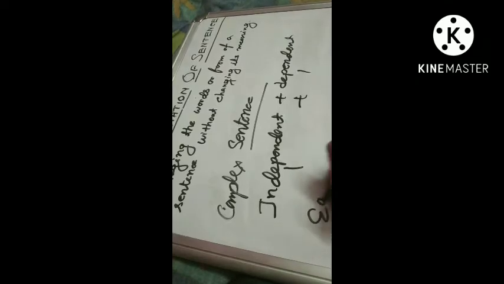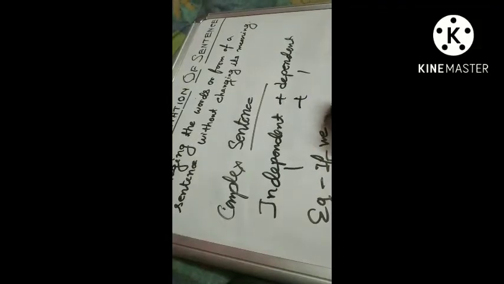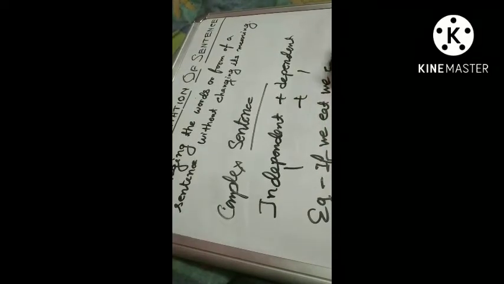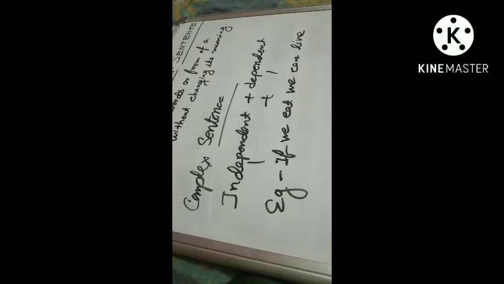Example, we take an example for understanding better. If we eat, we can live. So if we eat is a dependent sentence. We can live is an independent sentence.